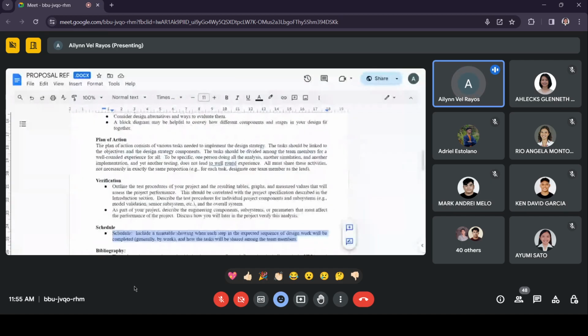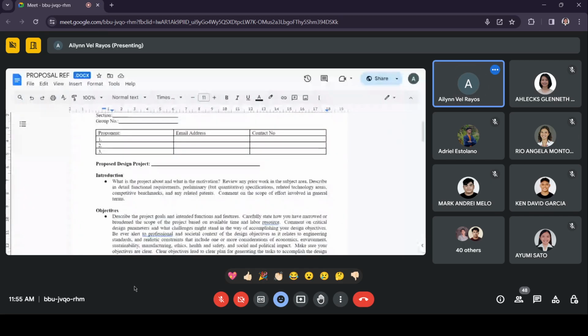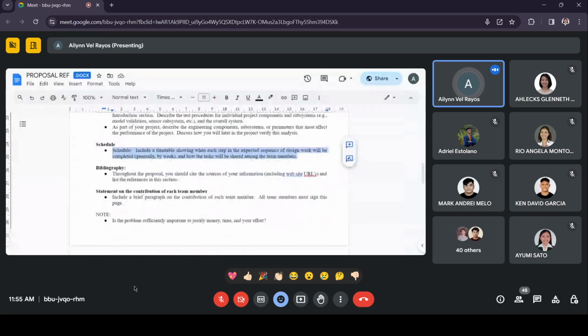So sa proposal, may bibliography since meron na kayo ditong yan. Sa part ng intro and other parts, you can include some review of related literature that can support what you wanted to design. So yan. Aside from providing this doon sa ating research proposal, so ito naman topic proposal for this design project.